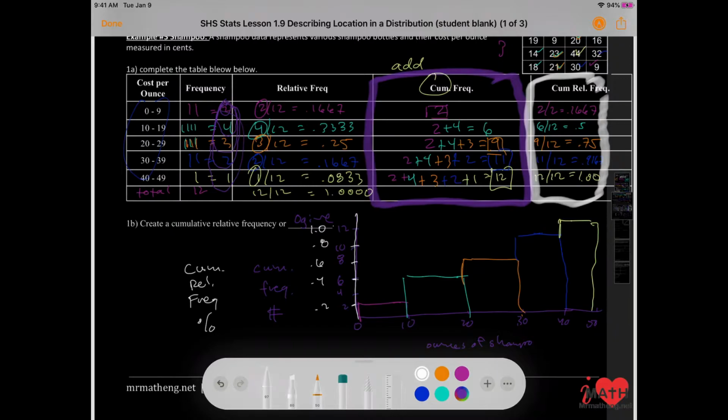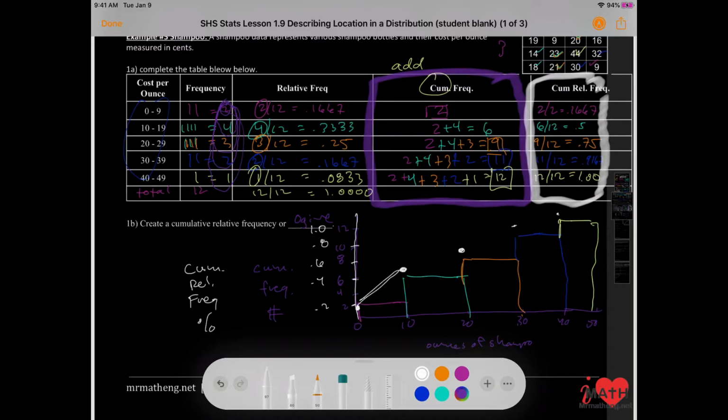If you'll notice, we're at the front, watch: 0.16, and then we're at 0.5, and then 0.75, 0.96, and then 1.0.